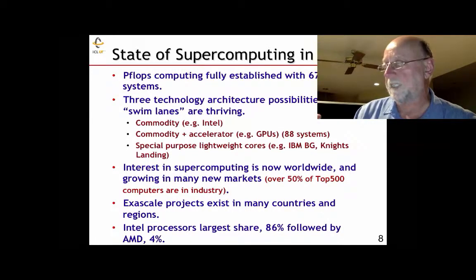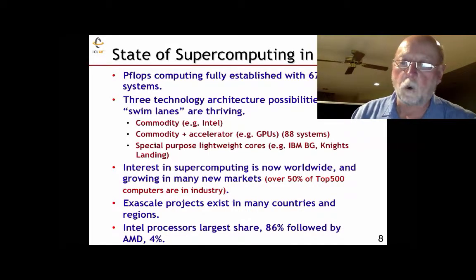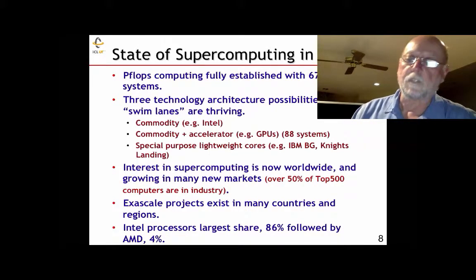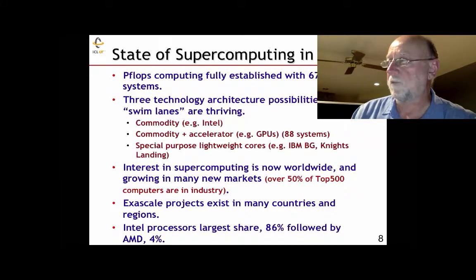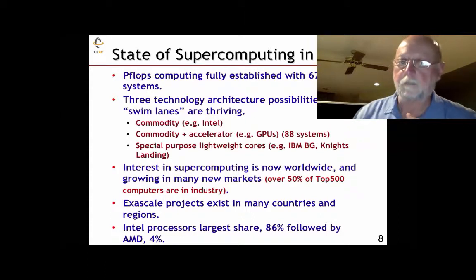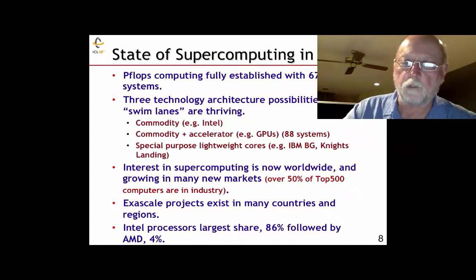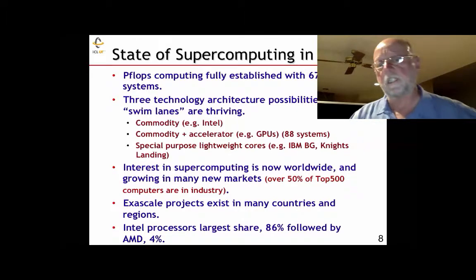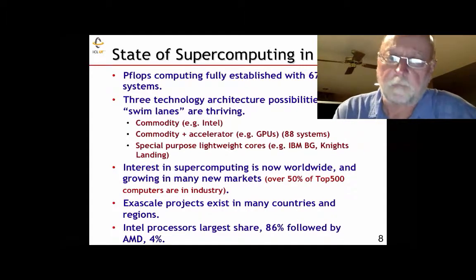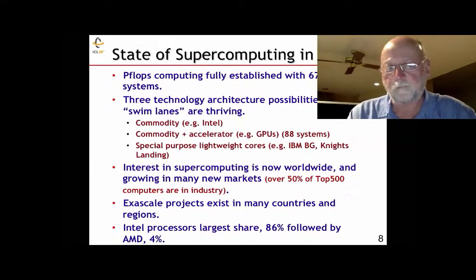Knights Landing is the next generation of Intel's coprocessor, with very lightweight cores that one can actually build a system out of, not thinking of them as an accelerator, but building the system out of these components as the hosted part of the computer. Another example of lightweight cores would be ARM processors, and we're starting to see ARM processing appear in high-performance computing as well.